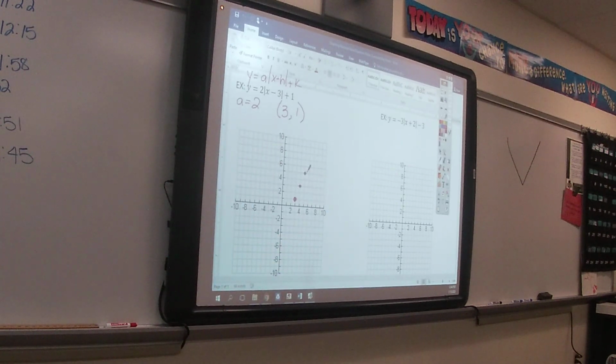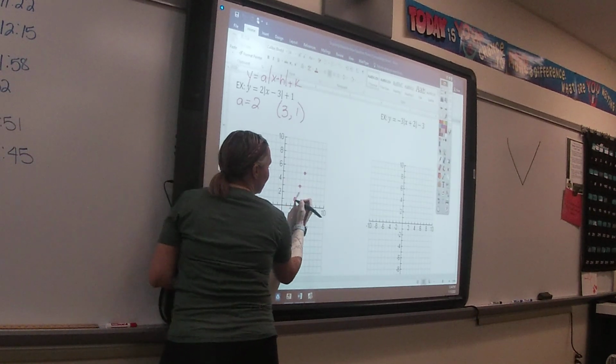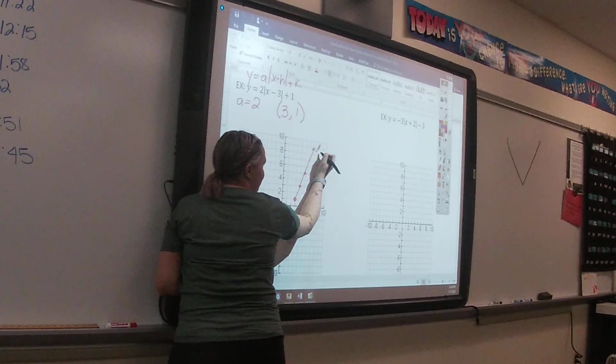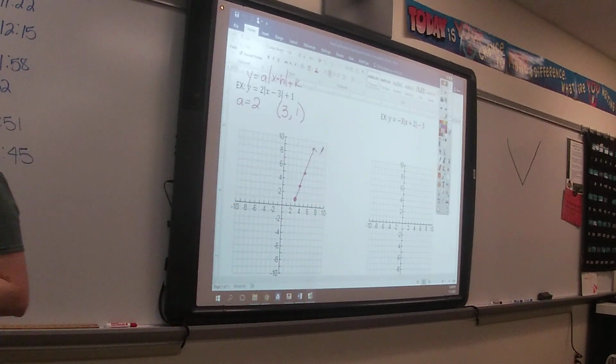But I don't want to draw a line in here, because we already agreed that this doesn't make a line, right? It makes a V. So this is going to give us one side of our V. So it's actually a ray. Have we heard that word before? To get the other side of our V, we're just going to do a mirror image of that.